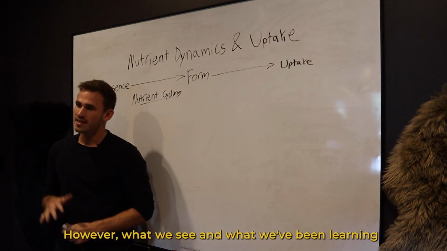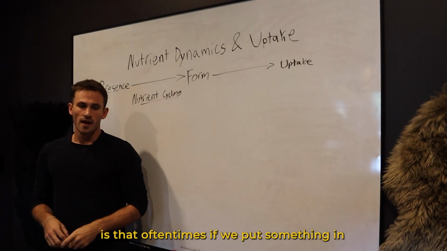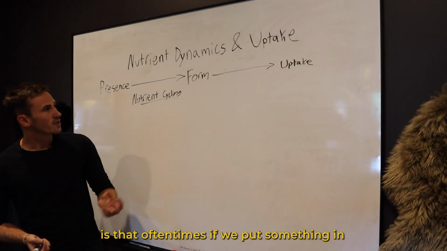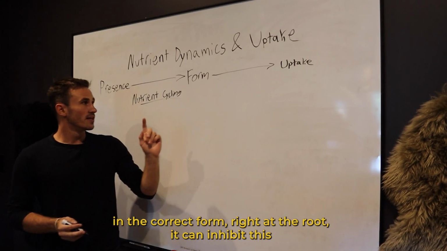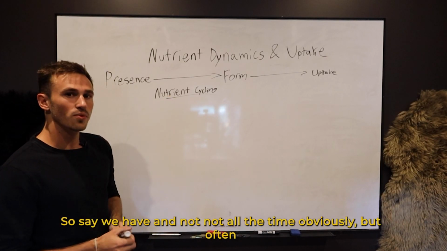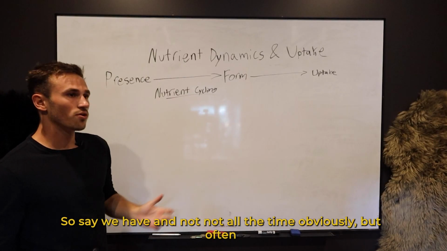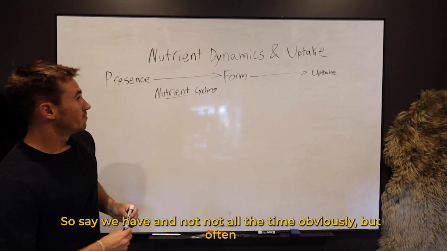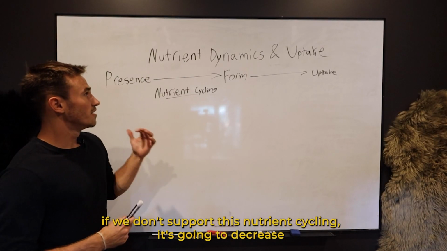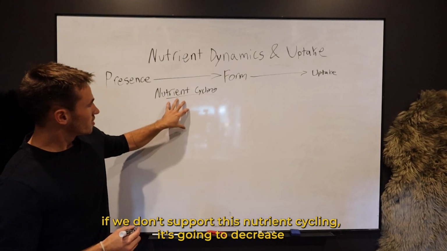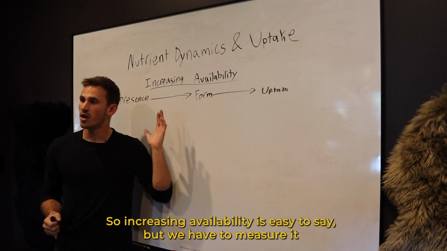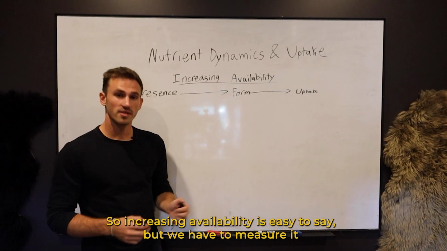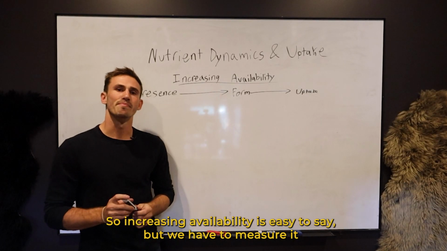However, what we've been learning is that oftentimes if we put something in the correct form right at the root, it can inhibit this. Not all the time, obviously, but often if we don't support this nutrient cycling, it's going to decrease.